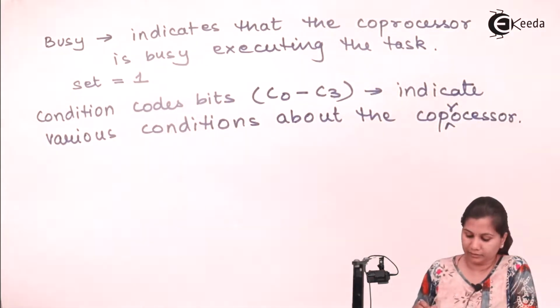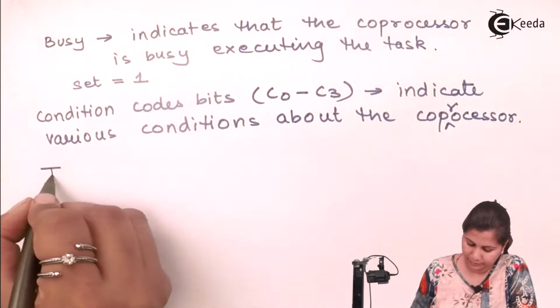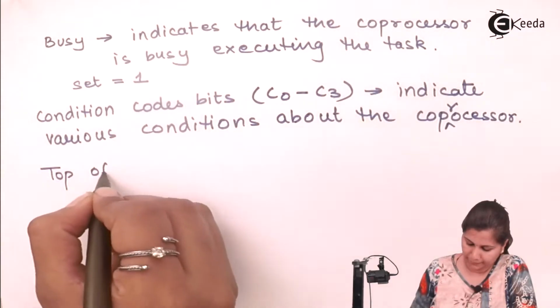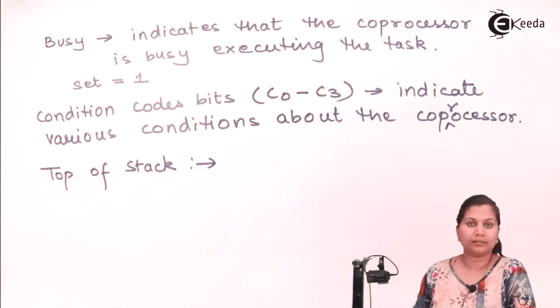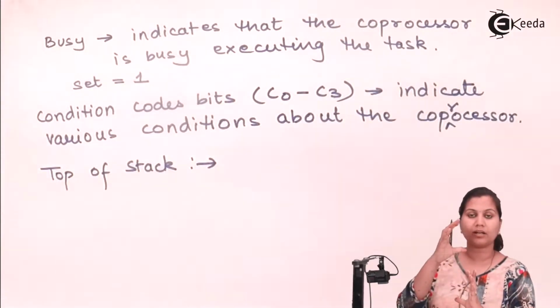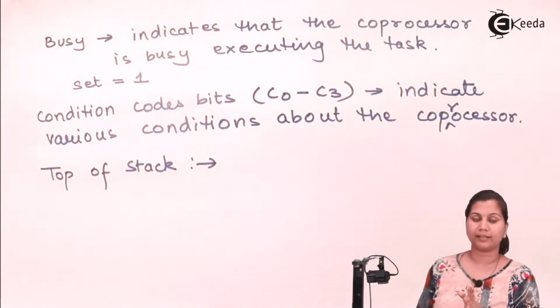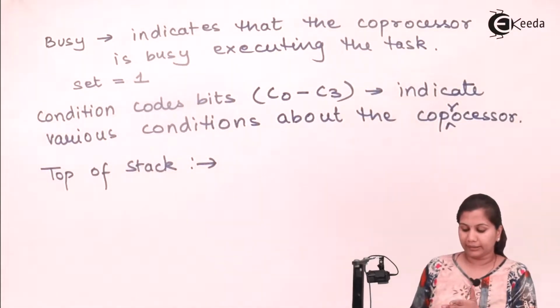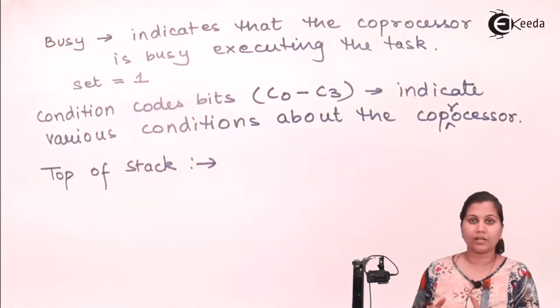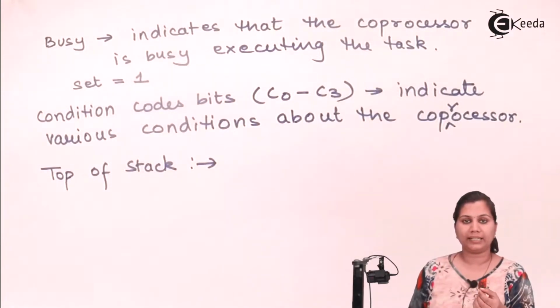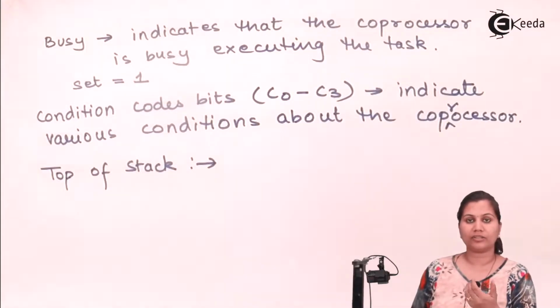Then we have the top of stack bit. Stack is a group of memory locations, and in the 8087, here also we have a stack. So top of stack indicates the register which is the beginning of the stack.